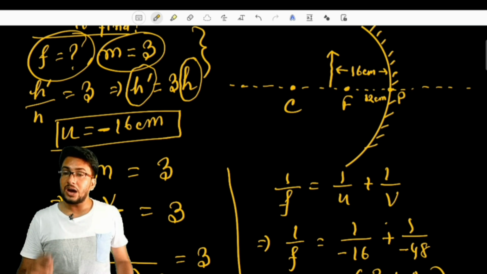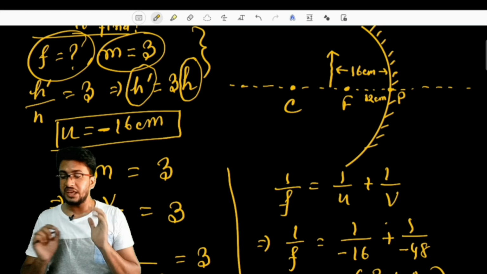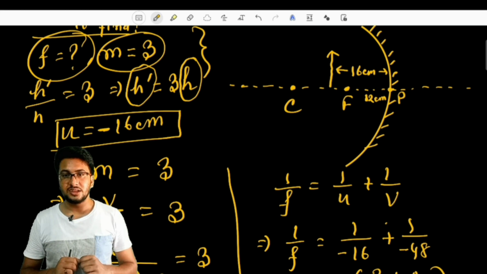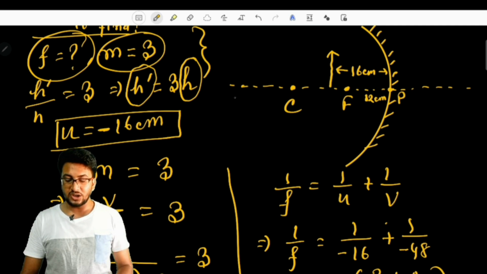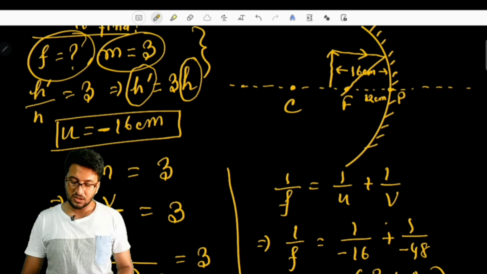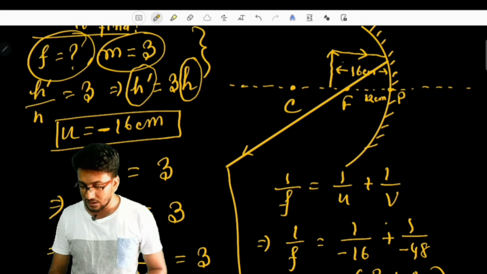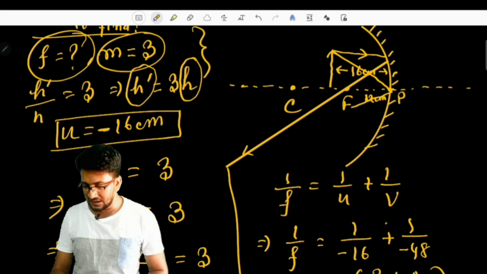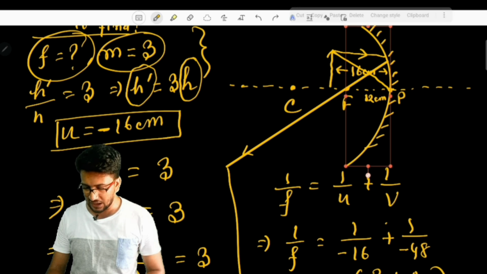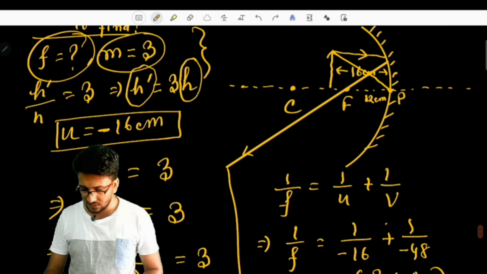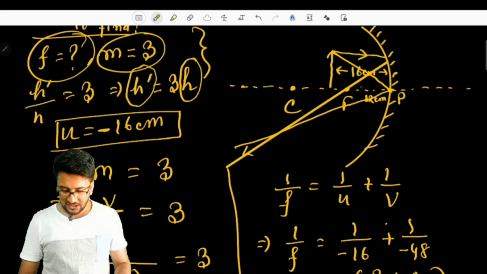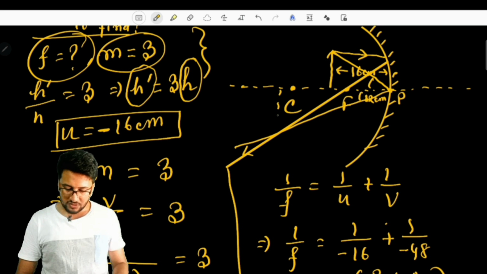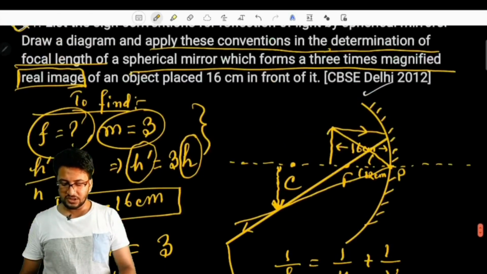When the object is placed in between C and F of the mirror, you will get the image beyond C, because light traveling parallel to the principal axis will pass through the focus, and the light traveling through point P will be maintained suitably by making angle I equal to angle R. As you can see, if we maintain the geometries very well, the image is about to form beyond C. And why is it beyond C? You can see how it is beyond C.